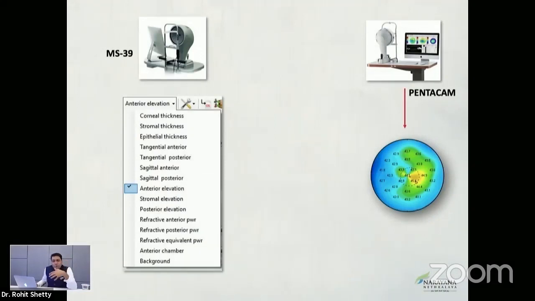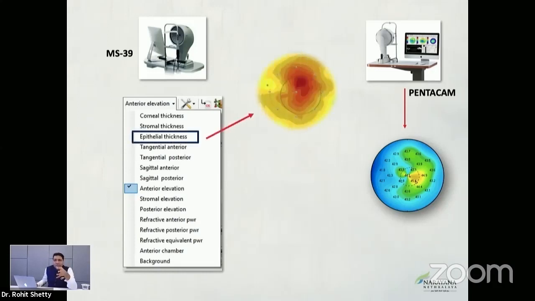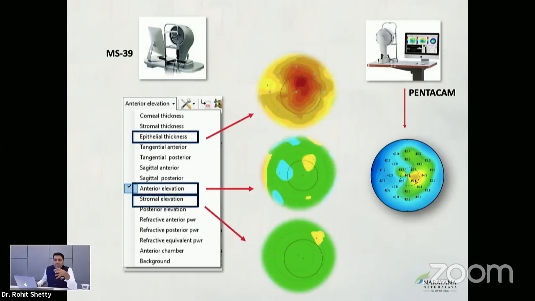There are a lot of new tools now, which I'm very happy to bring up, which look at a lot of these factors. For example, a new OCT called the MS-39, which classifies the maps into multiple things. It looks at your epithelium, it looks at your anterior elevation, and it virtually takes out the epithelium and gives you only the stromal map. For example, this patient was referred to me as a keratoconus patient, and it looked very keratoconic, but when you looked at it, it was an issue with the epithelium, which is creating that band out there.